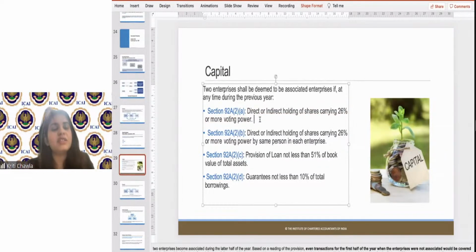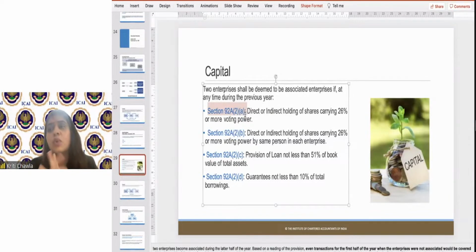So they basically mean to say that if one enterprise participates in 26% or more voting power in the other enterprise, well, then these two enterprises will be deemed associated to each other by virtue of section 92A subsection 2 clause A.